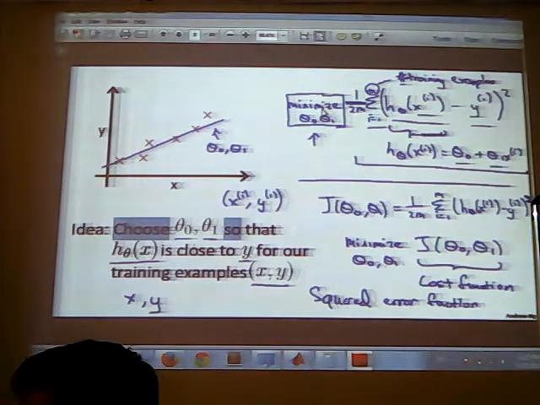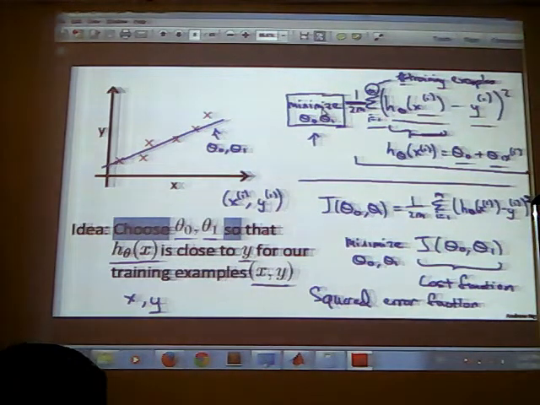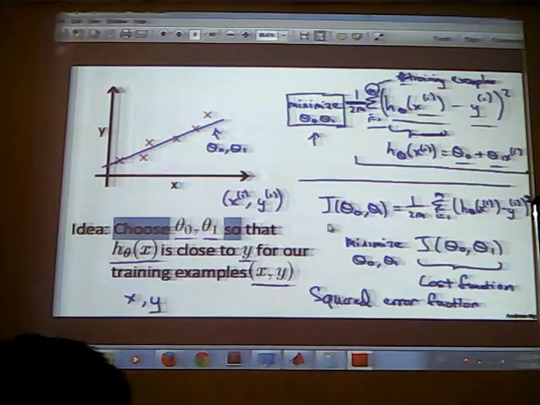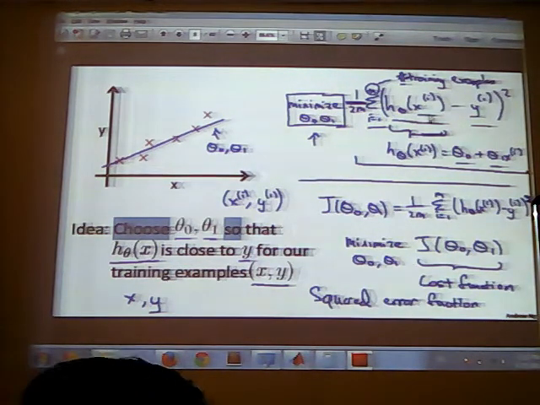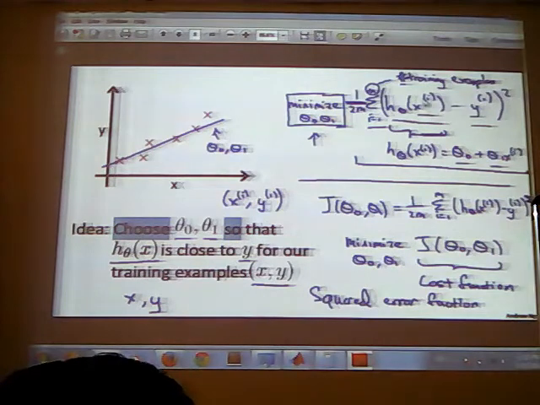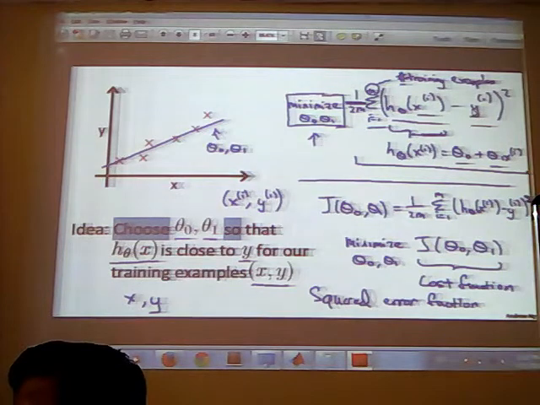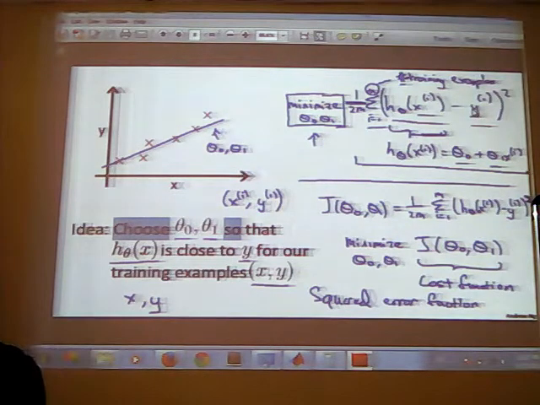So our goal is to minimize the cost function. What is the cost function? The cost function is your hypothesis-calculated y minus given y. That means the predicted value of y minus the given value of y. This will give you the difference between the predicted and the actual value.